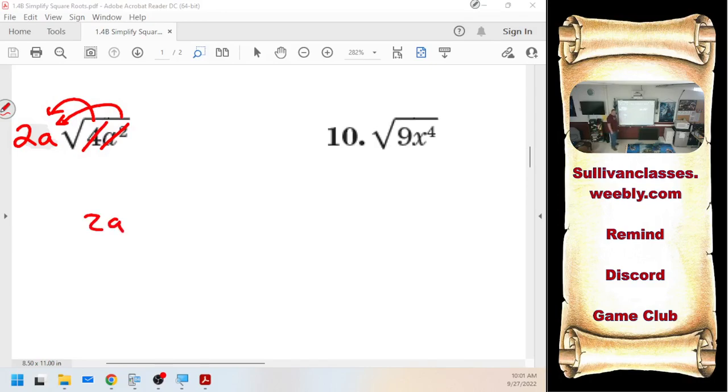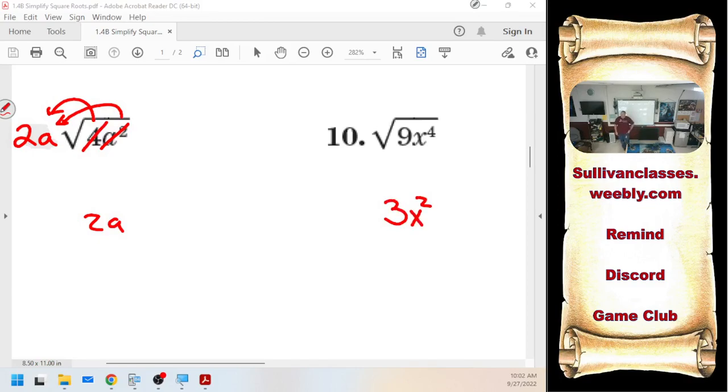That's it. Okay, now we did these already. Remember, these were in our book, or in the actual packet material. We've already done this. What's the square root of 9? What's the square root of x to the 4th? X to the 2nd, right?